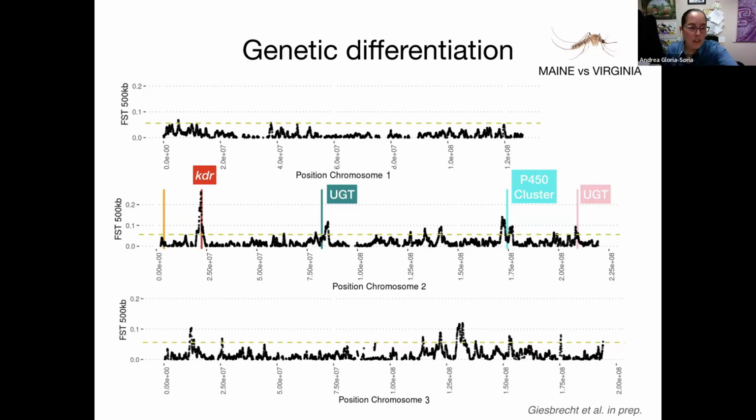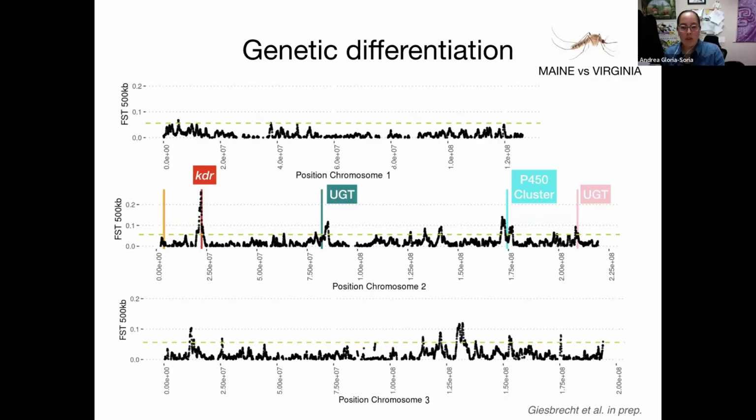The greenish dashed line that you see there indicates 2 standard deviations above the average FST value. FST is the genetic differentiation, again. And what you can see here is that not much differentiation happened between these two populations in chromosome 1, but we do see peaks of differentiation in chromosomes 2 and 3.